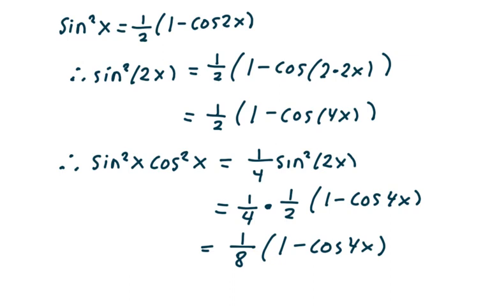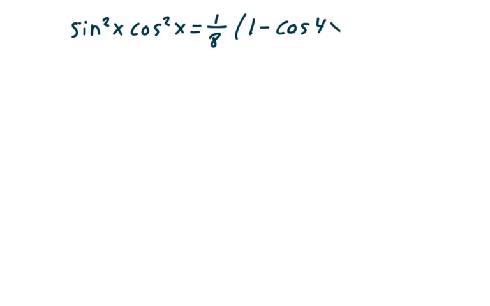This is very important, and this comes up in Calculus 2. I would ask you in a Calculus 2 class to integrate something like this, and you want to be able to rewrite it this way. And so sine squared x cosine squared x is 1/8 times 1 minus cosine 4x.